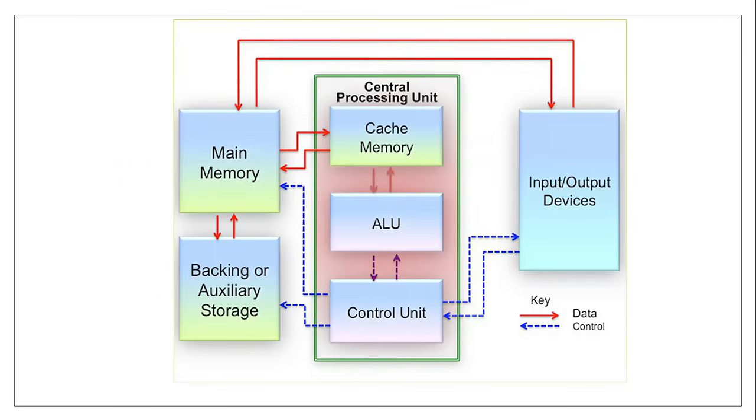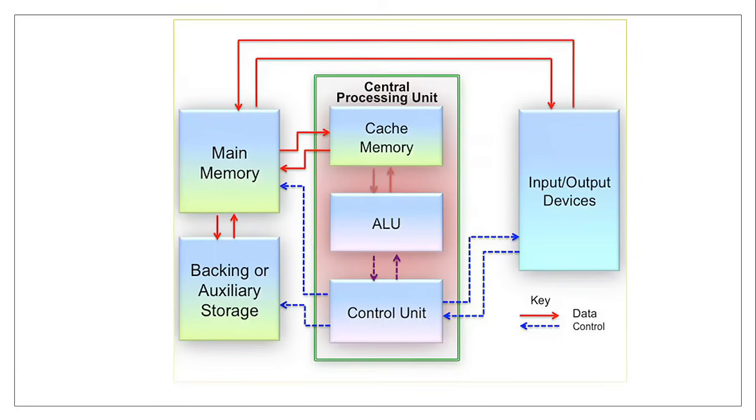The connections are shown by lines: the red lines represent the data, and the dotted lines represent the control mechanism. Borrowing from what you have learned, you can see that the cache memory presents a platform that allows the CPU to quickly get frequently accessed information, or instructions, instead of going to the main memory, right?